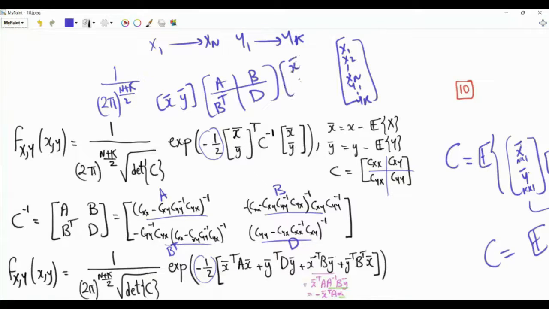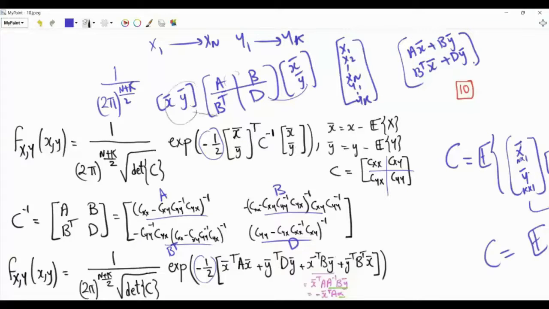And then we have x bar, y bar. We can do this matrix multiplication, right? So this times this will give us A x bar plus B y bar, and then we have B transpose x bar plus D y bar.